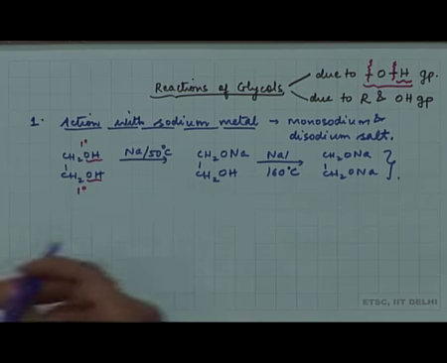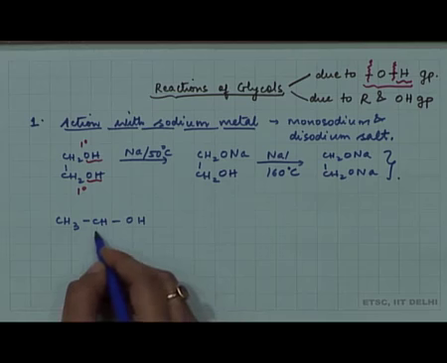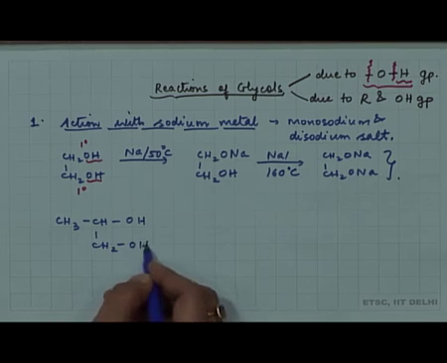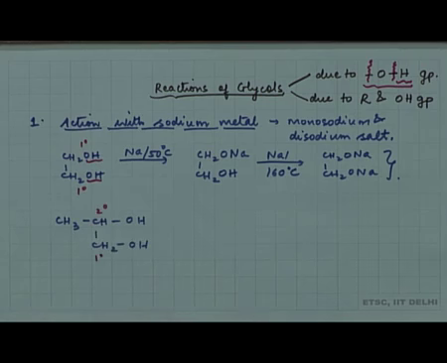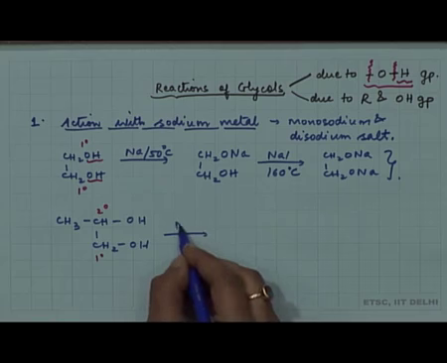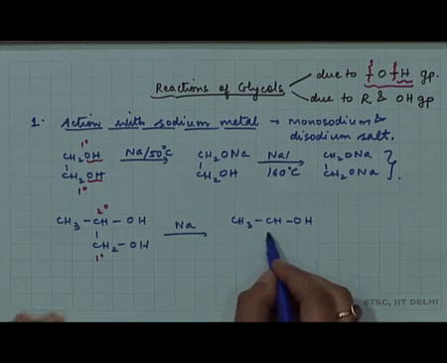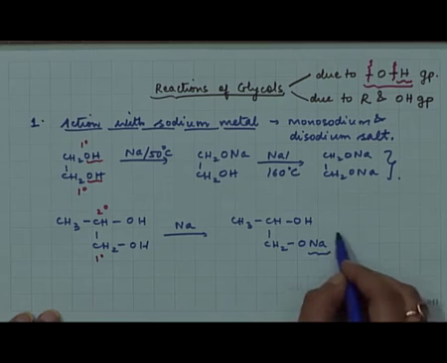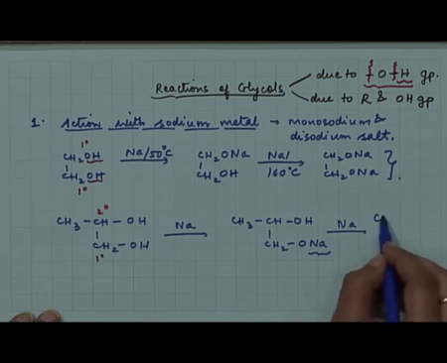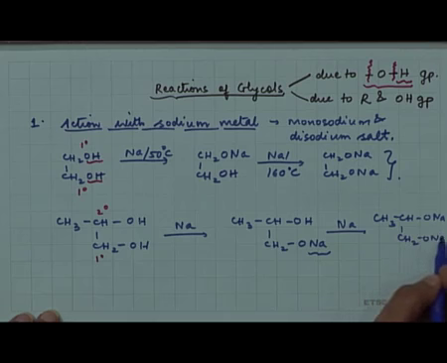If you start with a mixture of a 1 degree and a 2 degree, you will expect some preference of one over the other depending upon the relative acidity of the two hydrogens of the hydroxyl. So, this is a 1 degree and this is a 2 degree. When you do this reaction with the sodium metal, you will expect the primary alcohol OH to get replaced, this being more acidic, as we discussed earlier, followed then by the replacement of the other hydrogen of the secondary alcohol to give you the disodium salt.